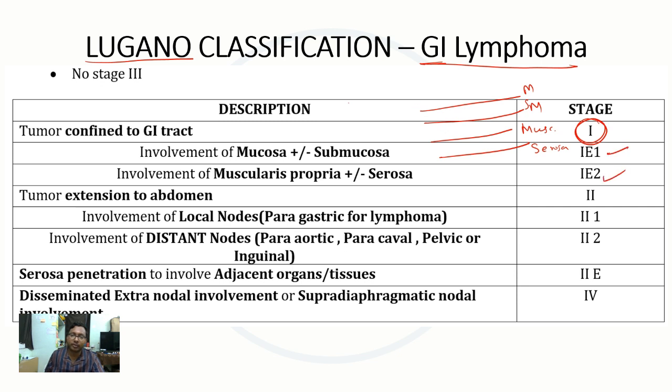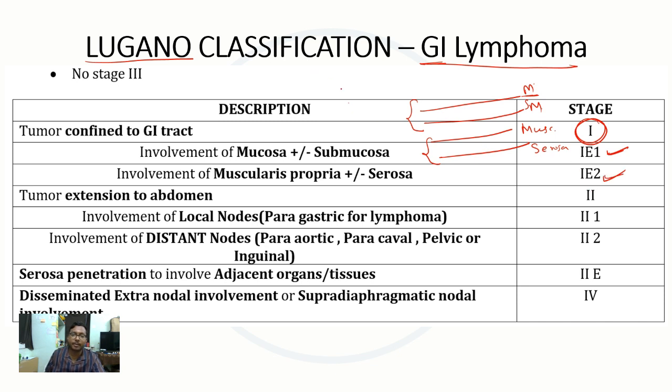So when do you say it is 1E1? When there is involvement of mucosa or submucosa, it is your 1E1, right? Then when there is involvement of muscularis propria, plus or minus serosa, that is your 1E2.